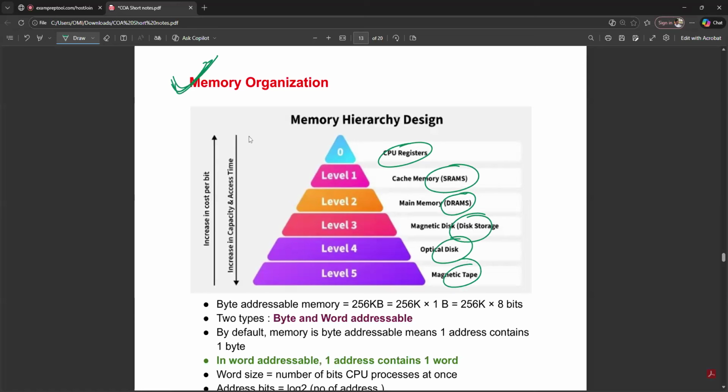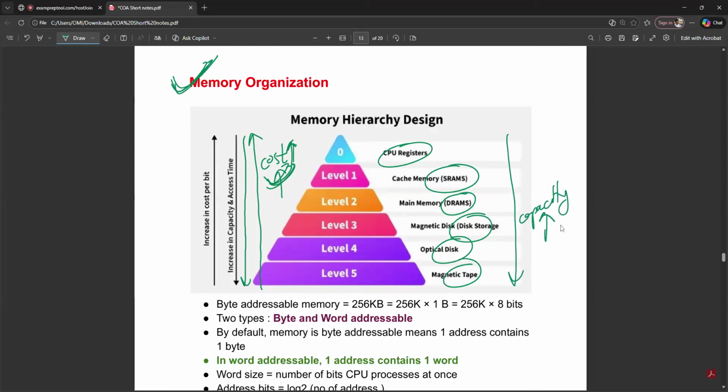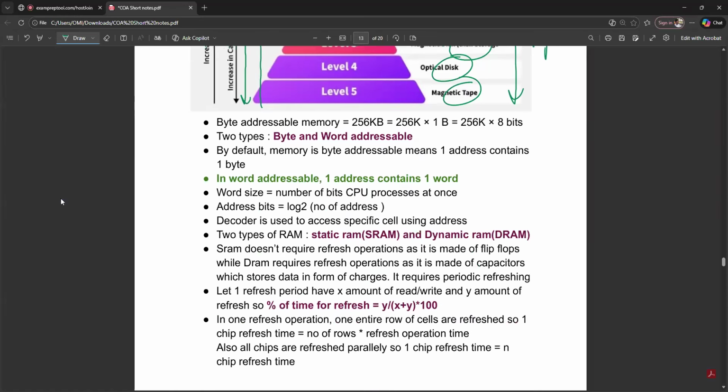If you go down by this level, then capacity increases and access time also increases. If you go above, then cost increases. If you go down, then capacity increases.